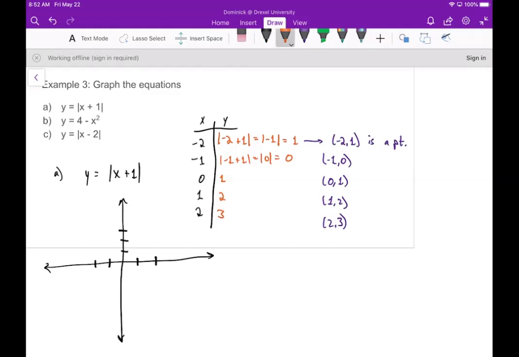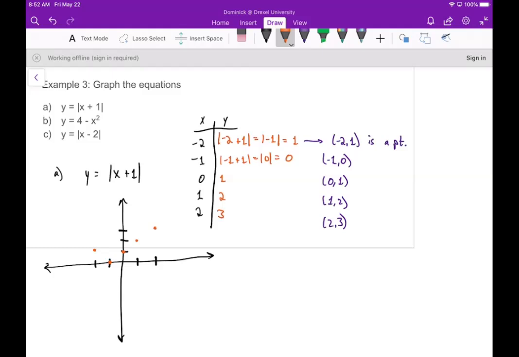If we plot each of these points, we'll have a good idea of what this looks like. So (-2, 1) is going to be here. (-1, 0) will put us here. (0, 1) is here. And (1, 2) is here. And (2, 3) is here.